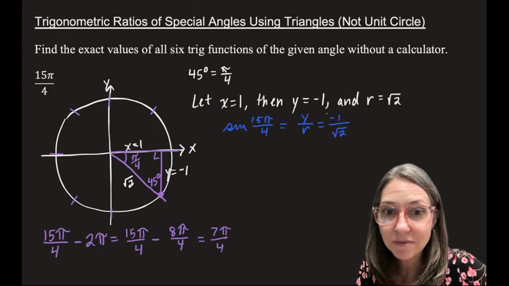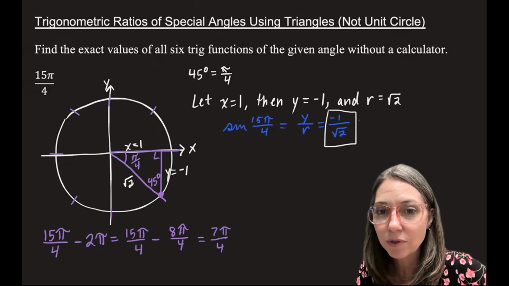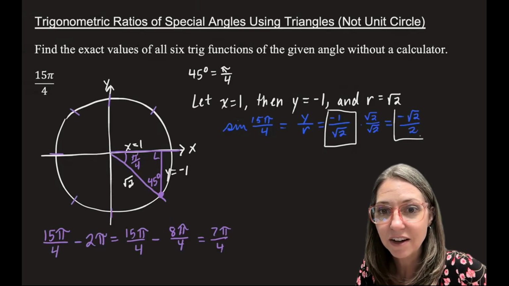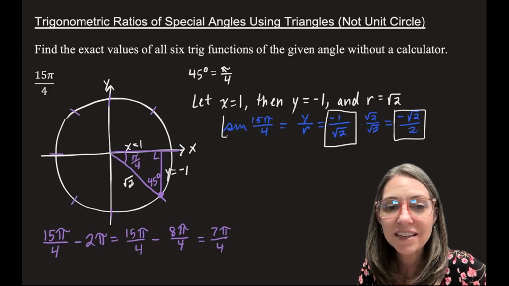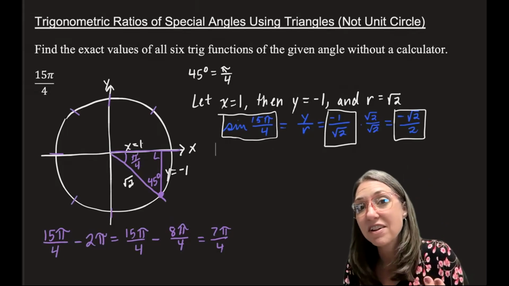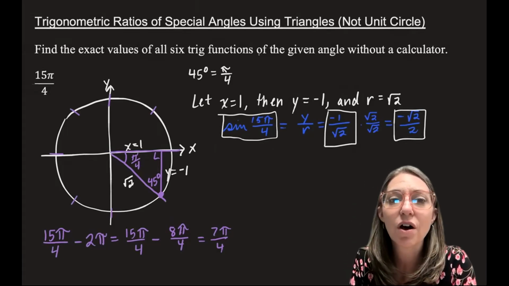That is an answer. If you need to rationalize, we multiply by root 2 over root 2 to get negative root 2 over 2. There's another answer for sine of 15 pi over 4. Sine of 15 pi over 4, sine of 7 pi over 4, and sine of even negative pi over 4 are all coterminal angles, so the trig ratios of those are all equal.